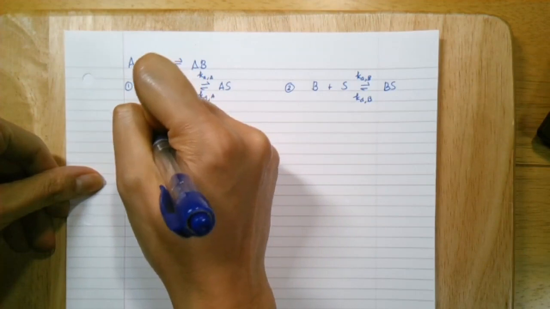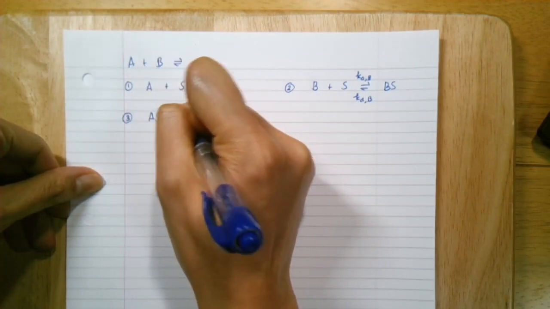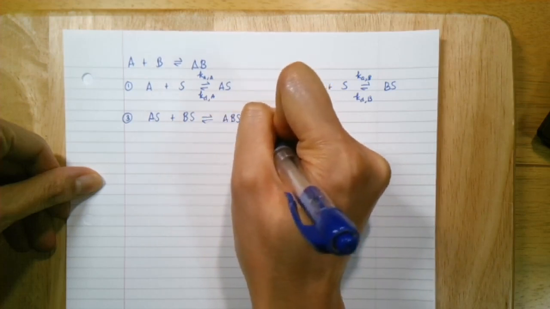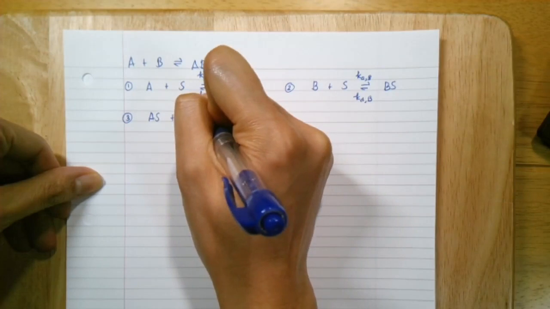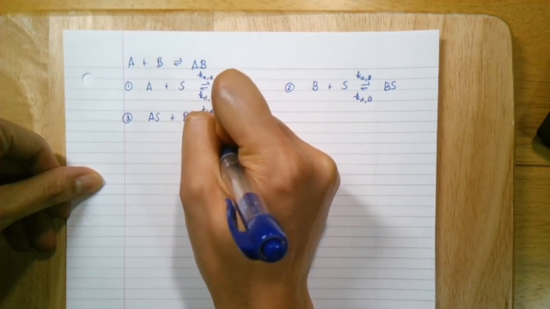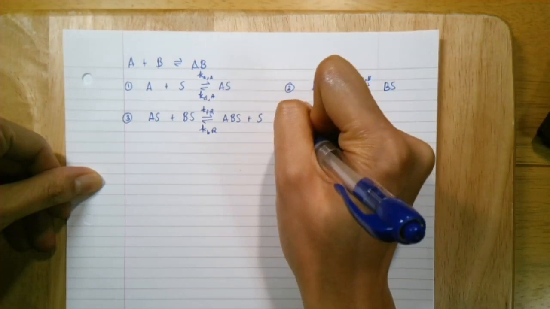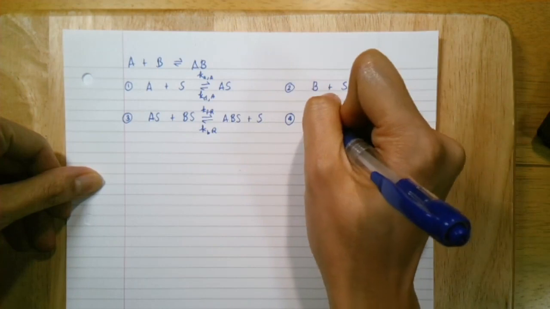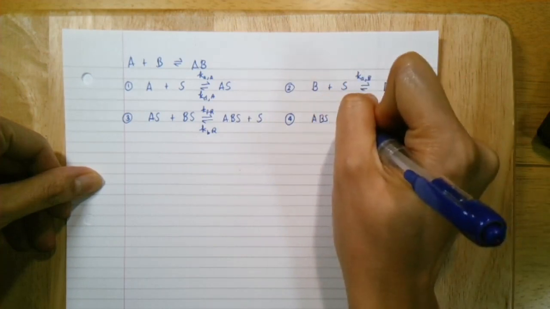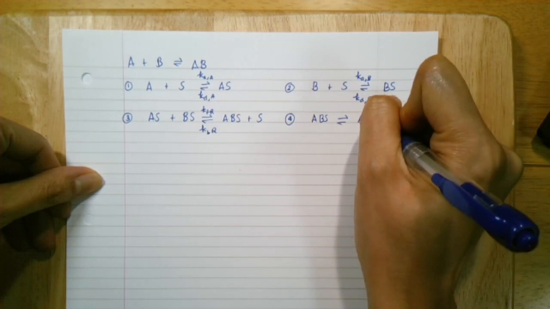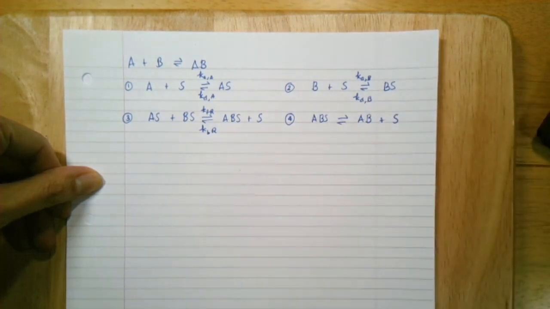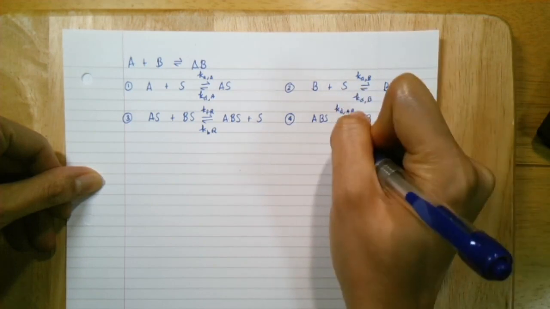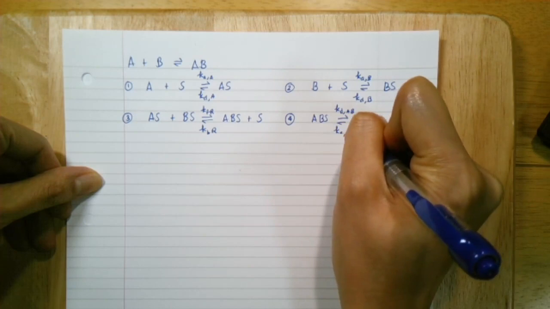So we write AS plus BS goes to ABS plus S, with rate constants KFR and KBR. And then the fourth step is the desorption of ABS. So we have ABS goes to our product AB plus S, with rate constants KD,AB and KA,AB.